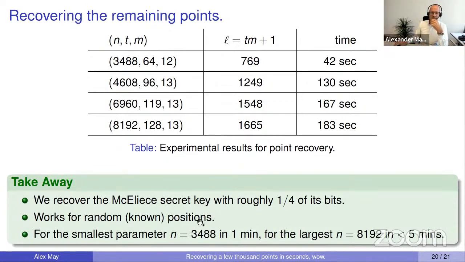And in comparison to RSA, it's super fast, right? Even for the smallest parameters, it's like 1 minute, and even for the largest, it's less than 5 minutes. Coppersmith is also polynomial, but it's not at all that fast. So it sometimes takes hours or even days to compute these lattices.